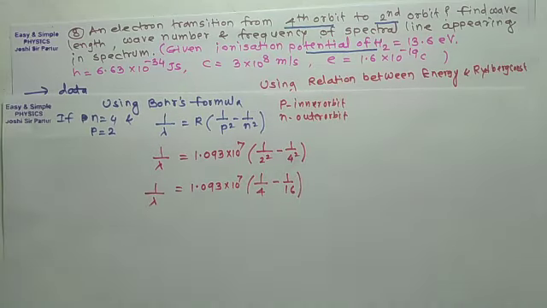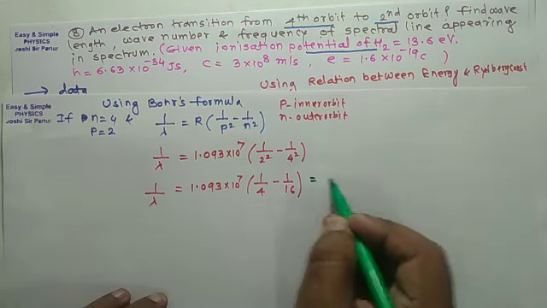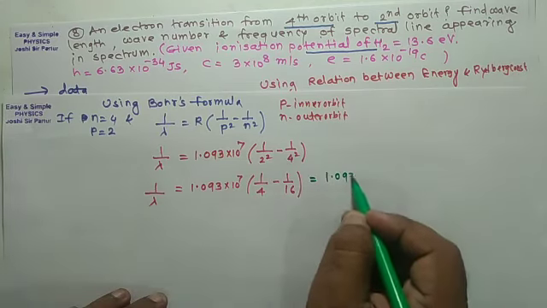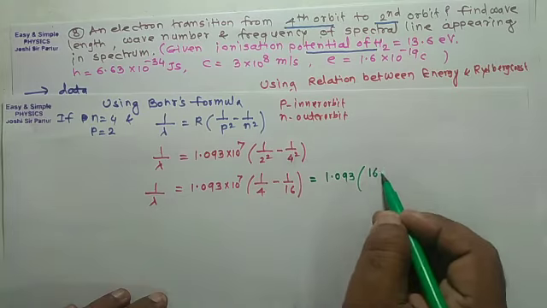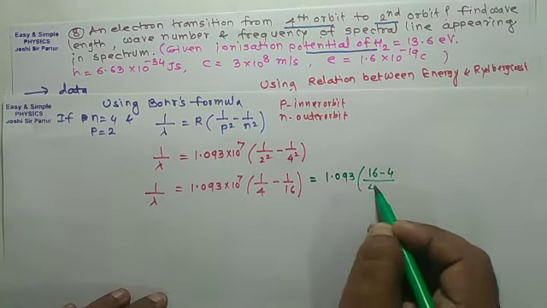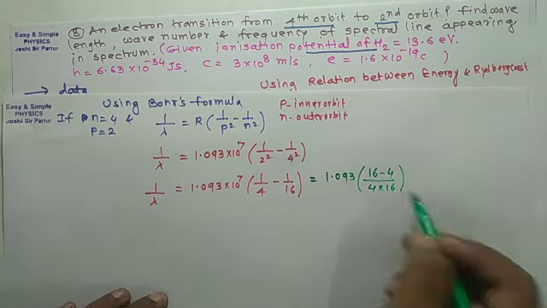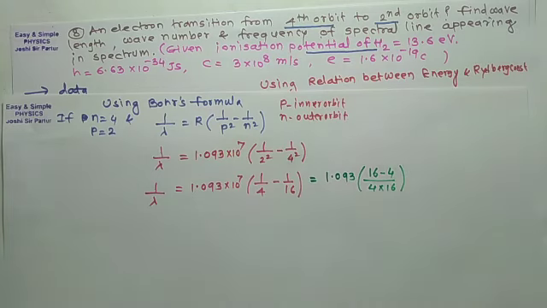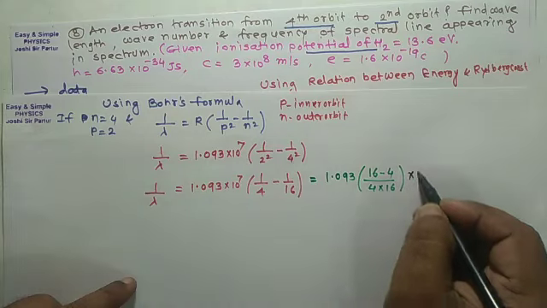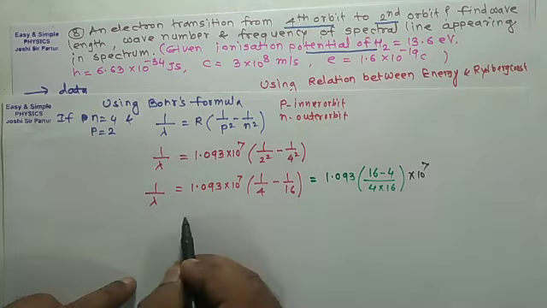First of all, we can solve the bracket. It will be 1.093 in bracket 16 minus 4 divided by 4 into 16. So what happened? See here, it can be written as into 10 raised to 7.